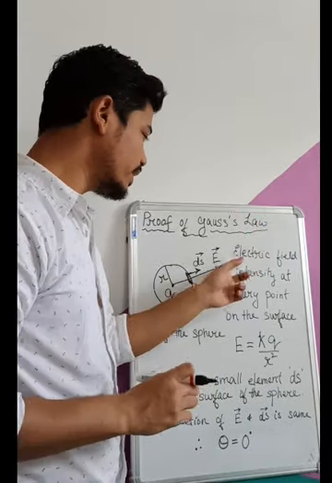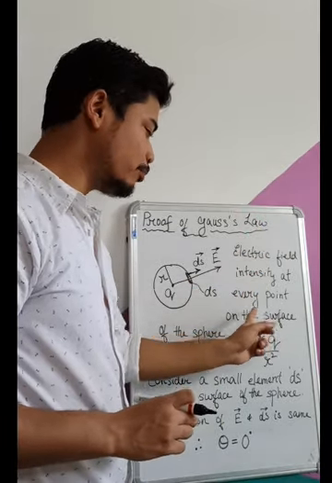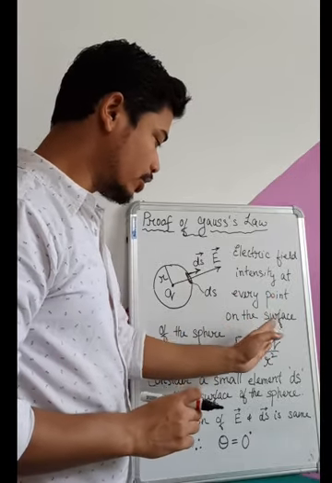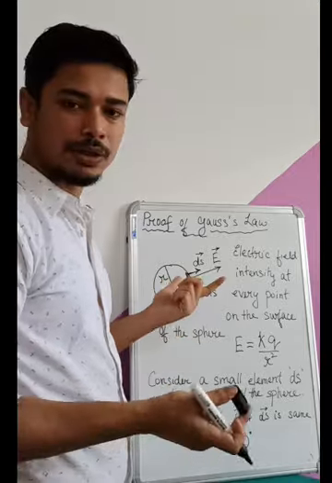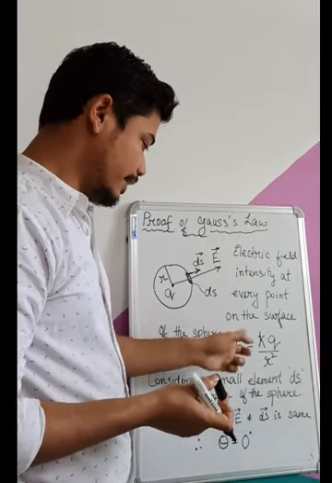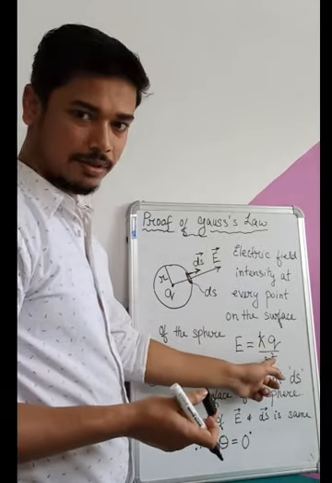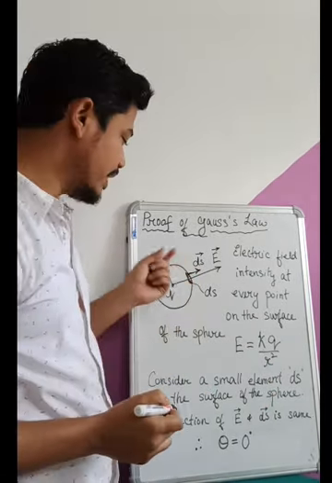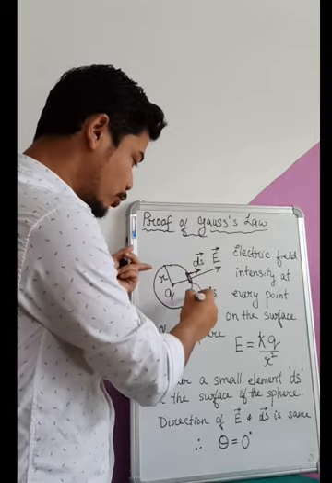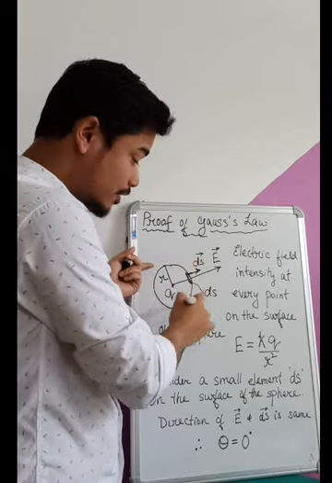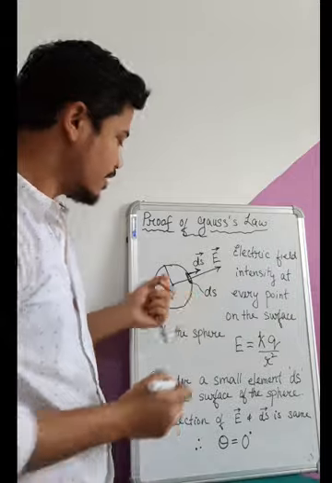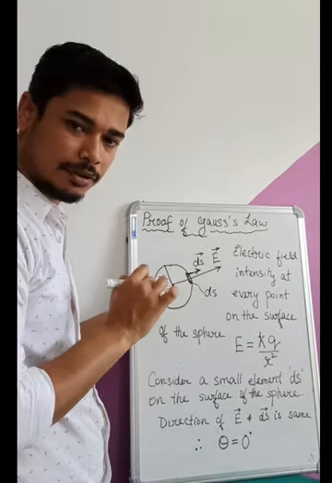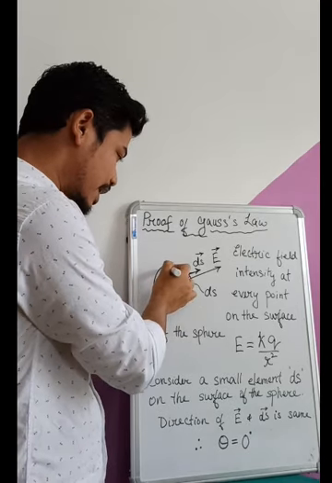So what is the electric field intensity at every point on the surface? The electric field intensity at every point on the surface of the sphere will be, as you already know the formula, E equal to kq divided by r square. If we consider the radius of the sphere to be r, then every point on the surface of the sphere is at a distance r from the charge q, which is at the center.